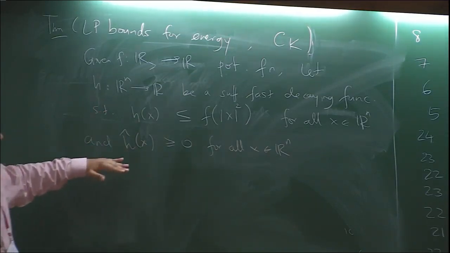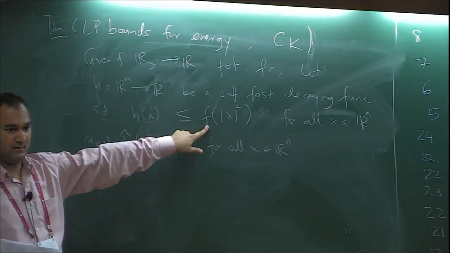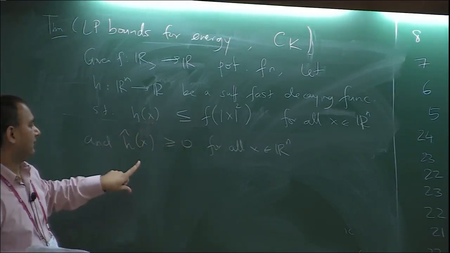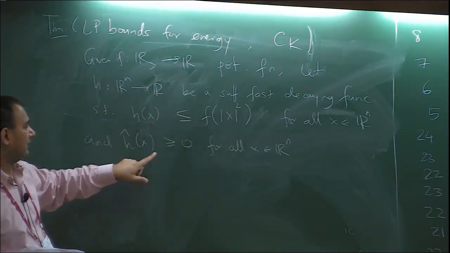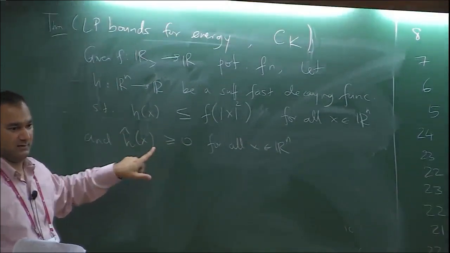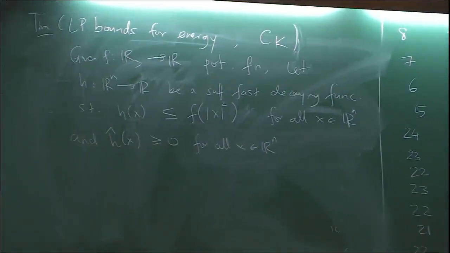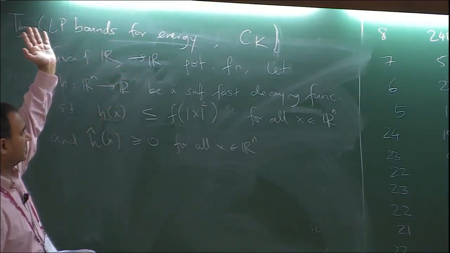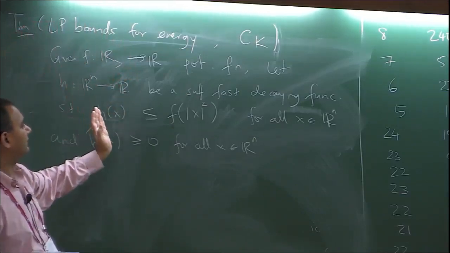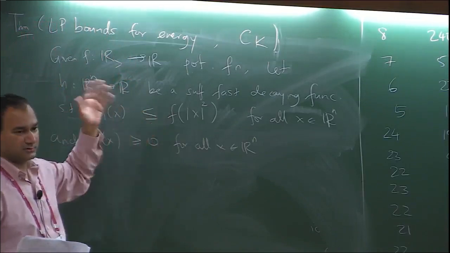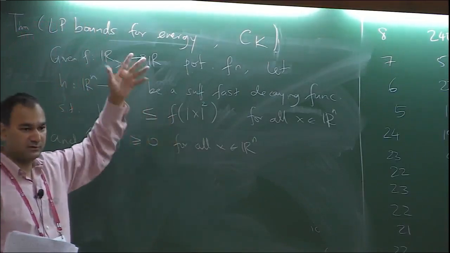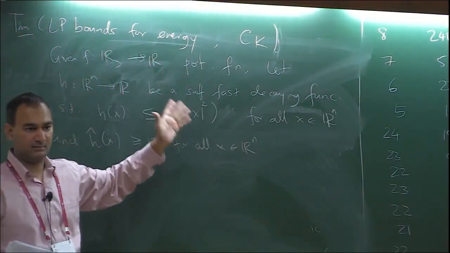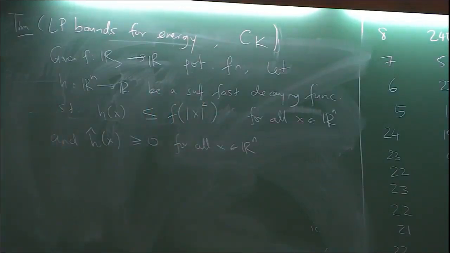What is it doing? It's saying you need to interpolate f, you need to stay below f, and on the other hand, you need to be positive definite. In the sphere packing case, you wanted h to be non-positive beyond a certain point. So the potential function is really a potential well, and you can have an analog in the spherical code case. But anyway, this is the appropriate analog.